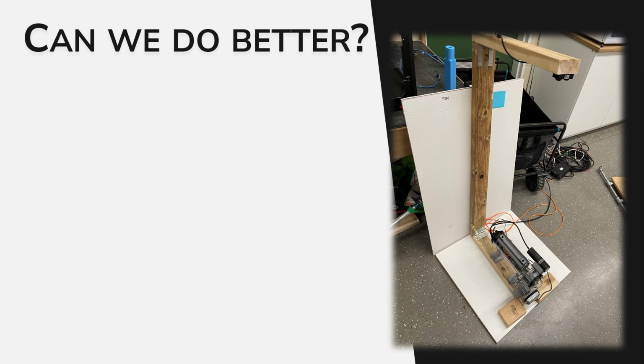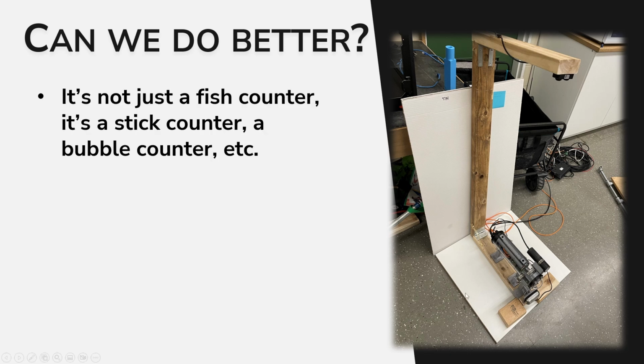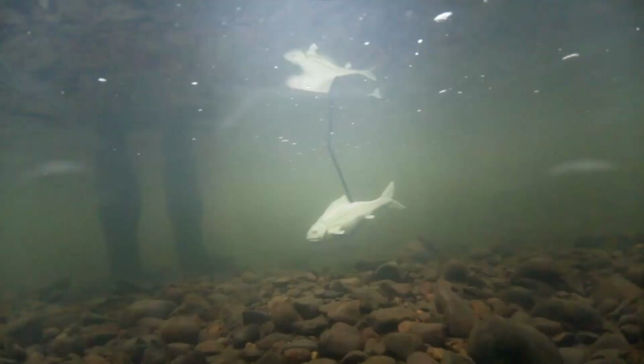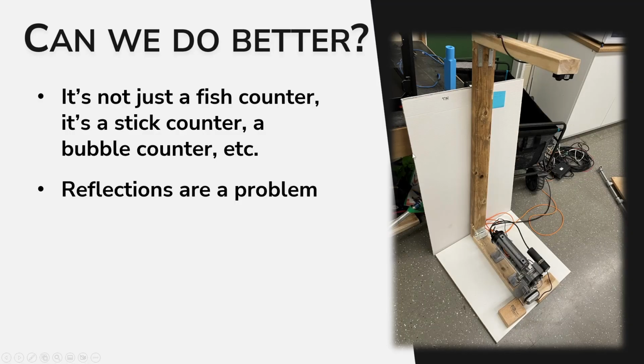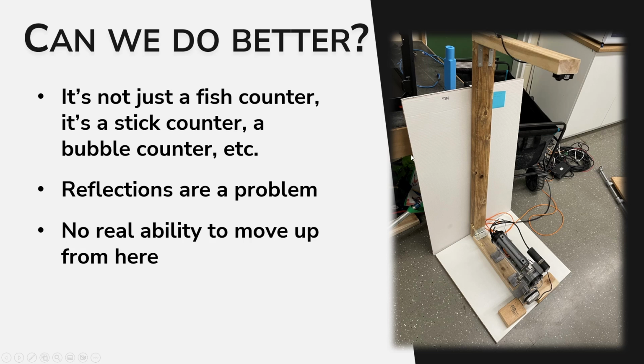I think we could. The thing is, it's not just a fish counter, it's a stick counter, it's a bubble counter, it's a reflection counter. You can see that there are reflections here, and it's not easy to remove these in any meaningful way. So the problem with this method is it's hard to improve upon.